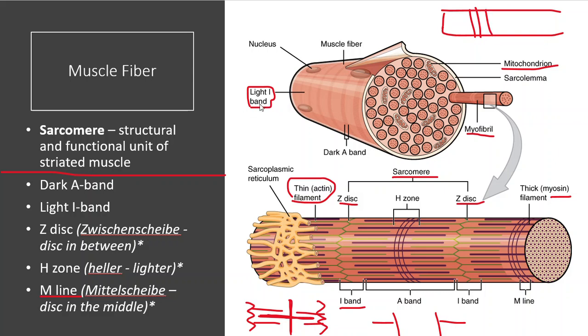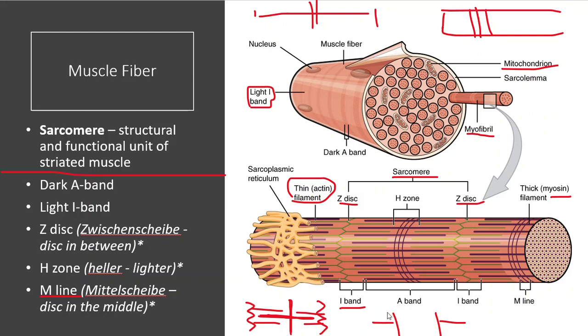The I band is the lighter because there are no thick filaments in there. Okay, the A band is from one end of the thick filament to the other of a single sarcomere. So that's going to be an area where you're going to have the thick filaments.